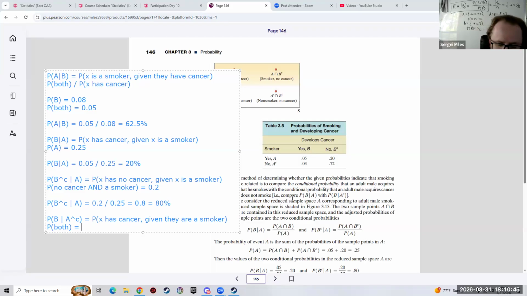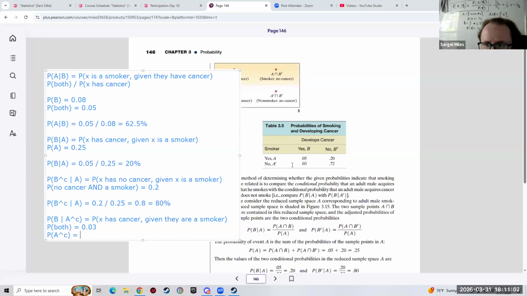That is 0.03, so pretty small there. For the conditional, we're looking for the probability of the complement, in other words, the probability of not being a smoker.